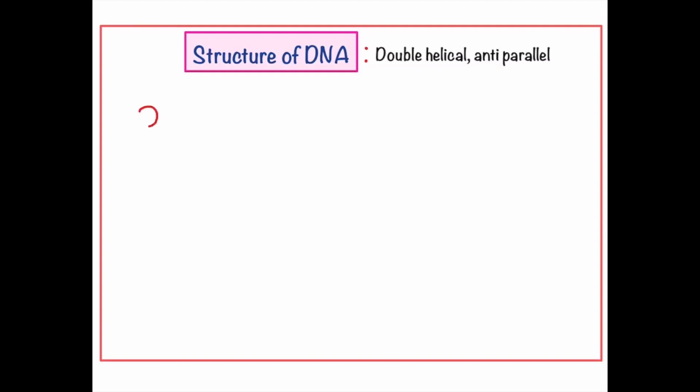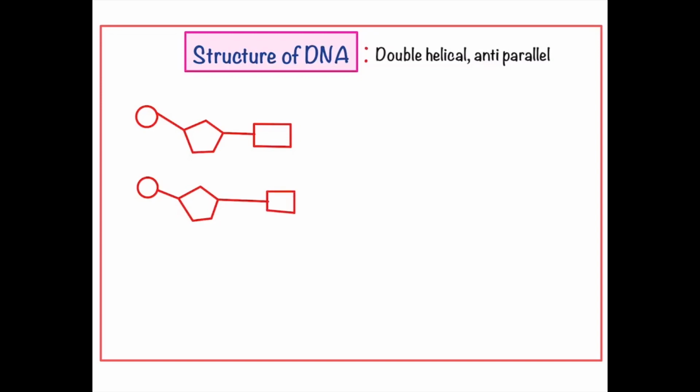So first is the phosphate group. This phosphate group is attached with the pentose sugar. So we are drawing here the pentose sugar, right, on the 5th carbon. Then it is going to attach with the nitrogenous base. So this is going to be the first nucleotide. Another nucleotide, same, we are going to have this phosphate group, then this pentose sugar, and then this nitrogenous base.